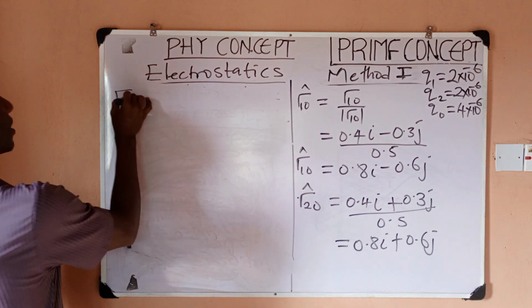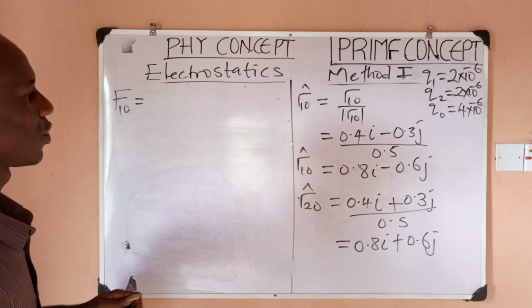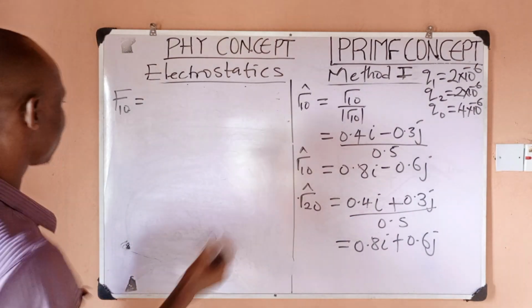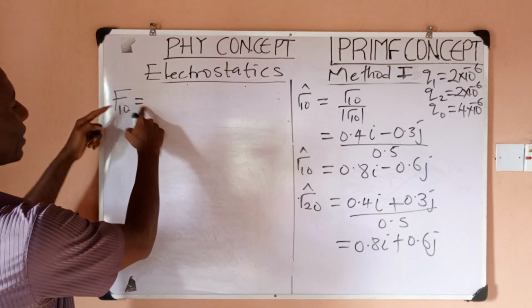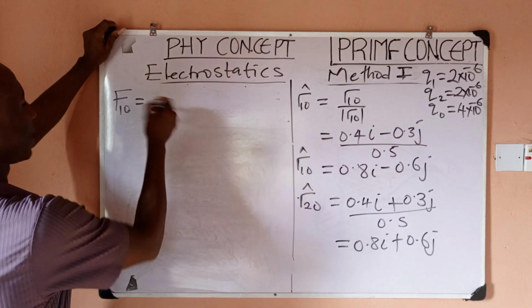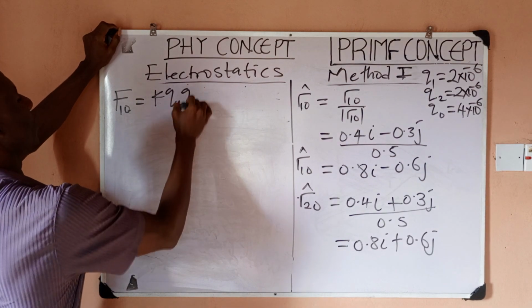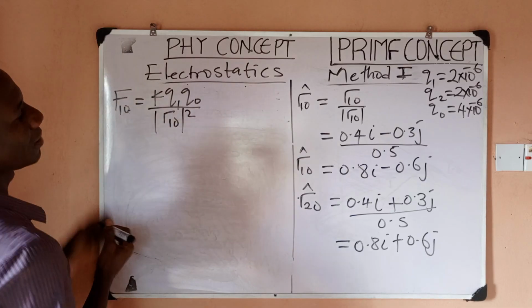So my force F10 now, F10 is going to be K. I don't have to write the formula again. So it's going to be K, Q1, Q0 divided by the distance. Okay, let me just write K, Q1, Q0 divided by R10 squared.